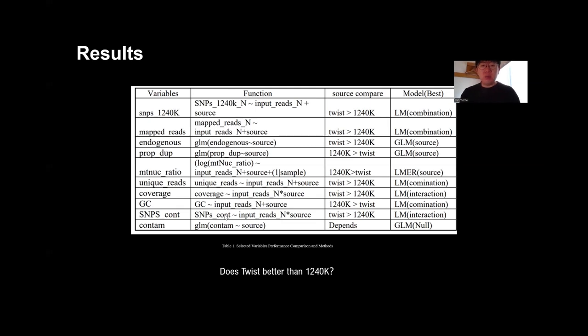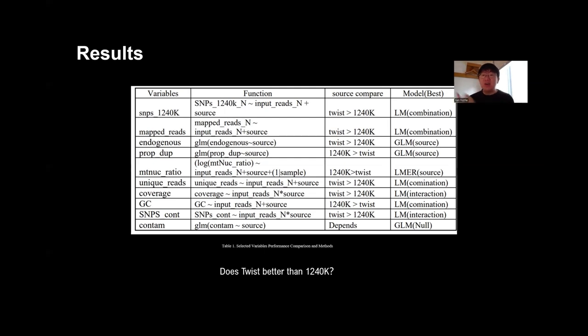So we talk about the GC content ratio. GC is the proportion of nucleotides that are G or C, which has connection with bias. The higher GC means higher bias, and we don't want our analysis result to have higher bias.